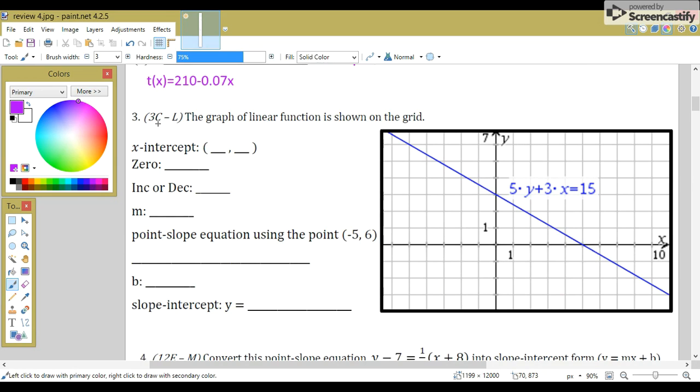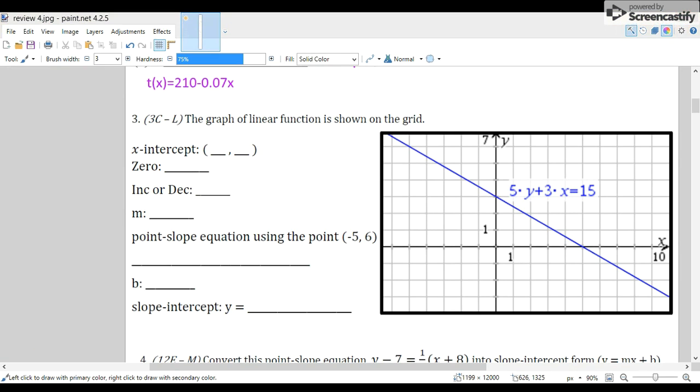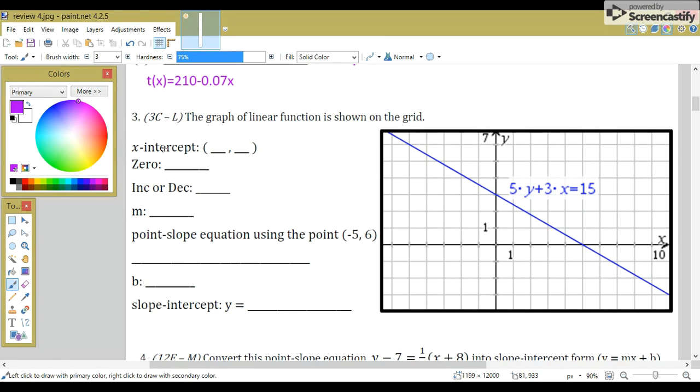Number 3, 3C. The graph of a linear function is shown on the grid. X-intercept, that's when it crosses the x-axis. That's right here. 1, 2, 3, 4, 5. 5, 0. That's your x-intercept.